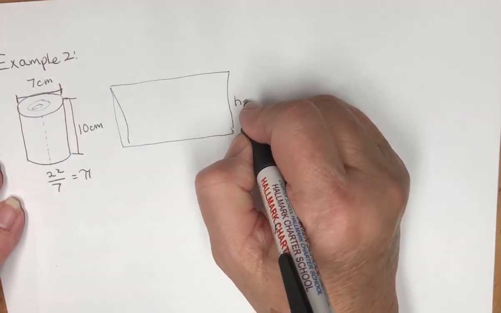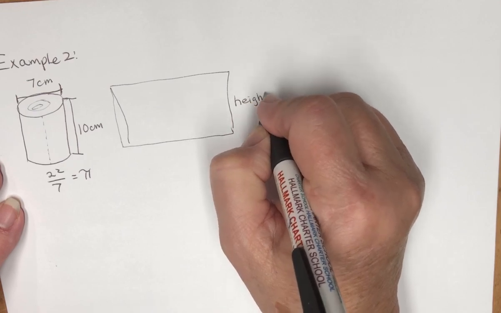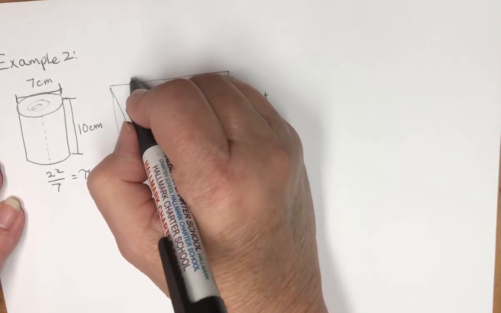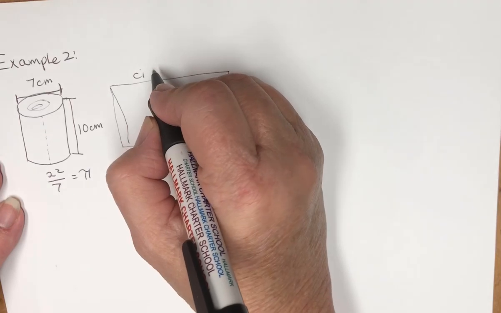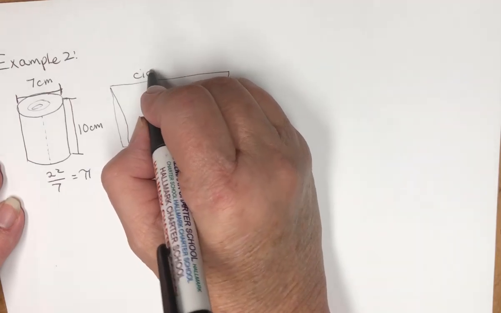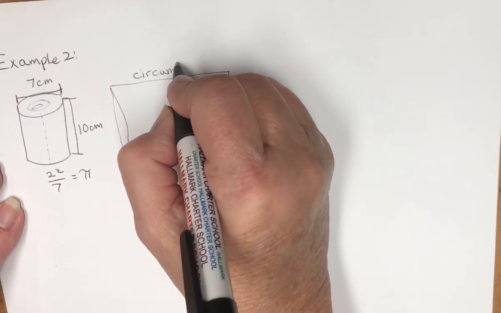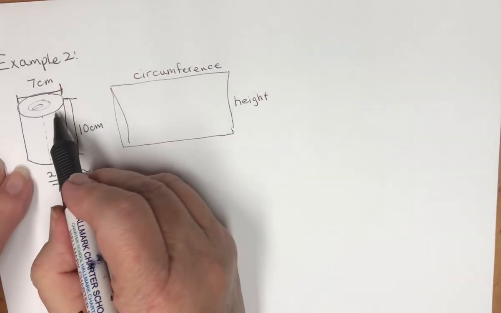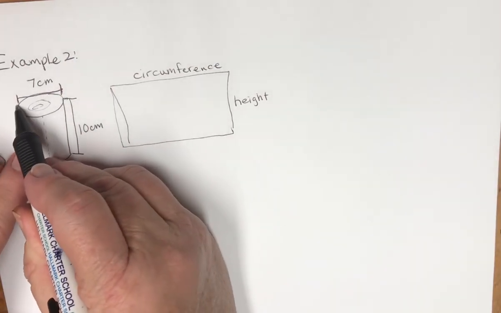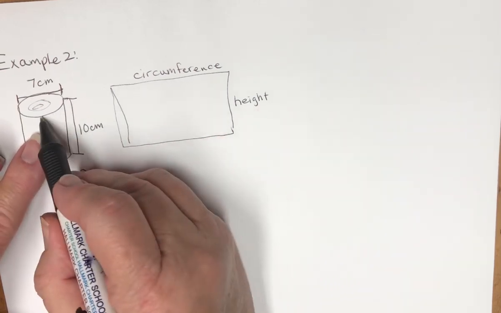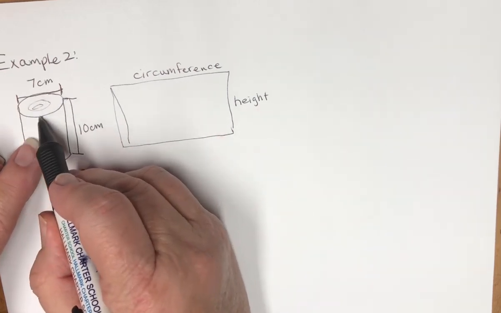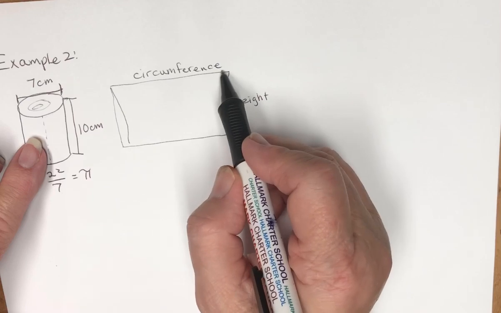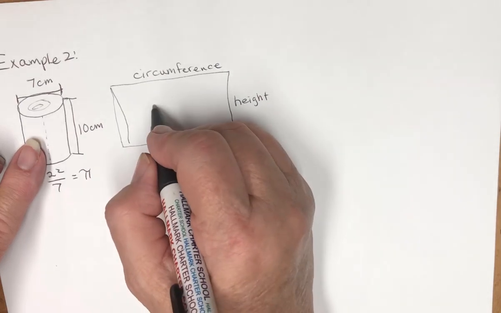This is the height. This is the circumference. Now, why is it the circumference? Because that label came from the round can. So around the surface of the can would be the circumference of the soup label.